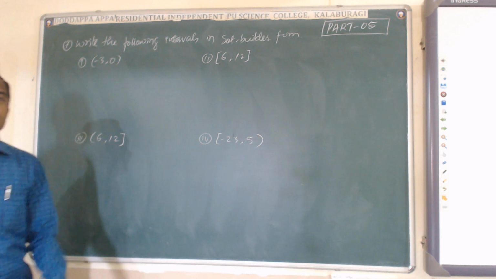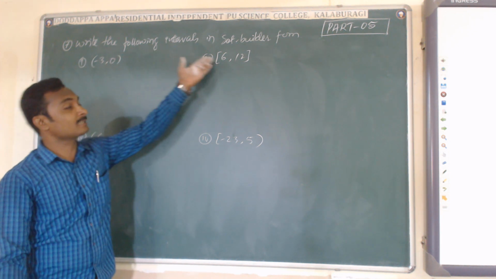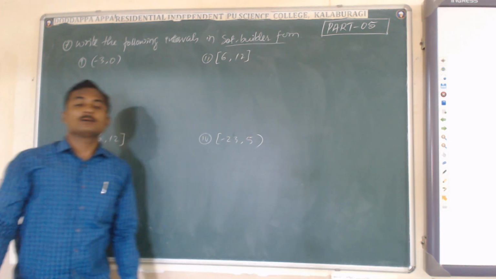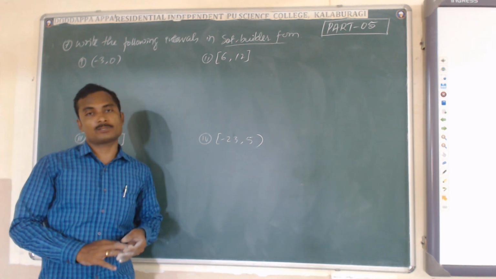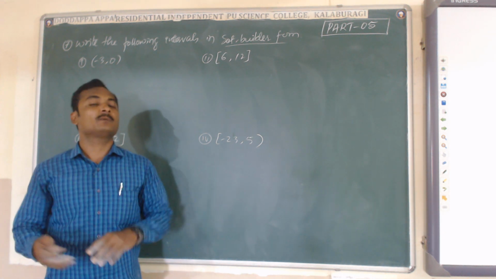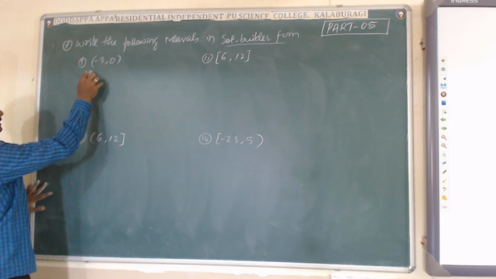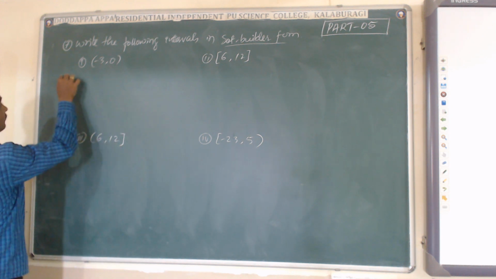Okay, students. Now the next question, the seventh question, is: write the following intervals in the set builder form. In the last column, we wrote the set builder form into interval form. In this question, we have to write the set builder form for the given interval form. So, minus 3 comma 0. What do we have to write?